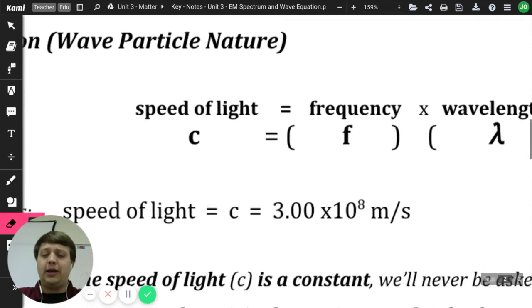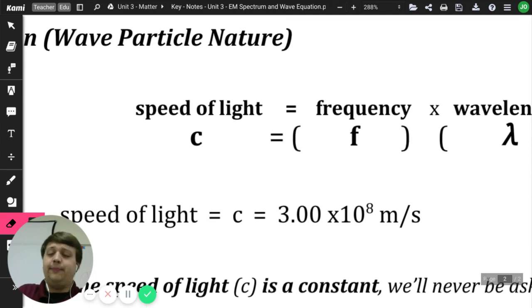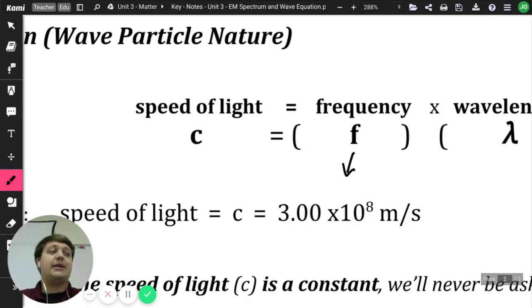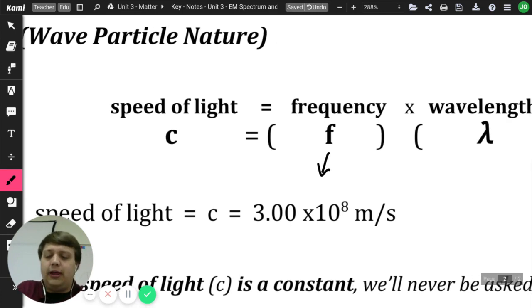Before we dive into the work here, I did want to go over frequency real quick. Frequency has three different units that you could see. You could see s to the -1.